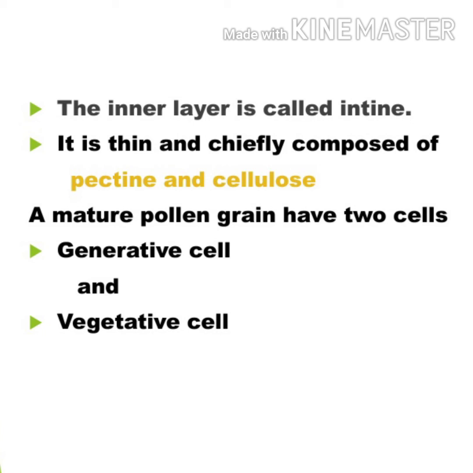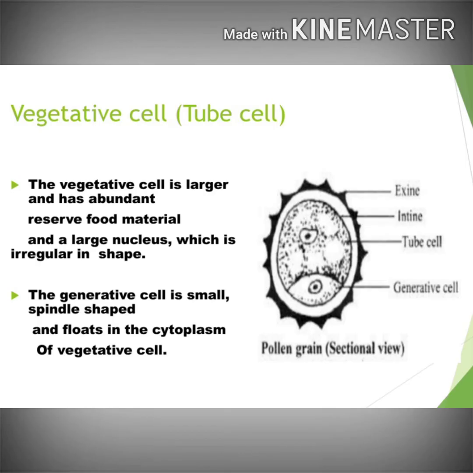A mature pollen grain has 2 cells: a large vegetative cell, otherwise called the tube cell, and a small generative cell. The vegetative cell is larger and has abundant reserve food material and a large nucleus which is irregular in shape, while the generative cell is smaller, spindle shaped and floats in the cytoplasm of the vegetative cell.